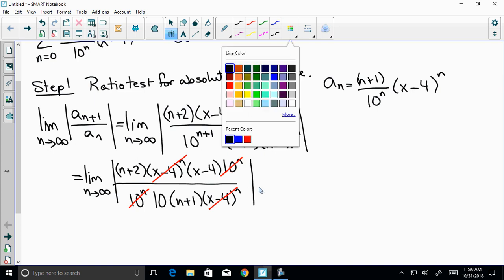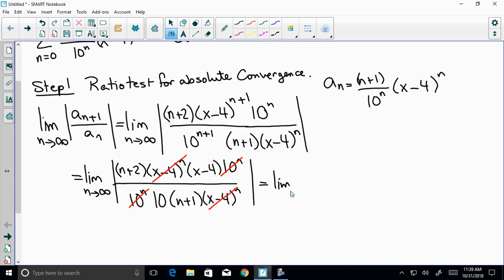So I write this as the limit as n goes to infinity, absolute value, n plus 2 over 10 times n plus 1 times x minus 4.